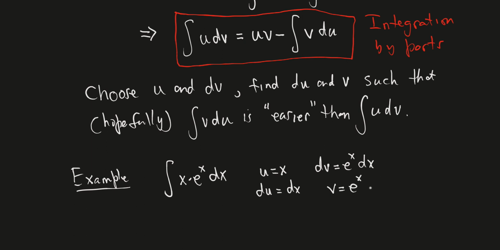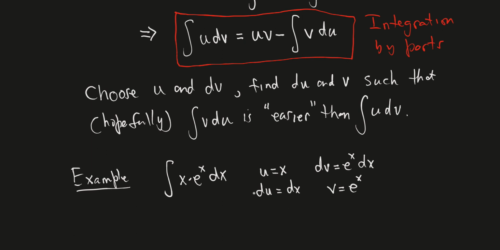Now, do I put my plus c here, or am I just looking for one of these? Do I want my constant of integration at this part of the process? No. Why don't we want the plus c right here? Because we're still going to have another integral to do. So basically we're choosing a simple u, hopefully, and a simple dv, which leads to an equally simple v that I can use now on the right hand side of this formula, right?